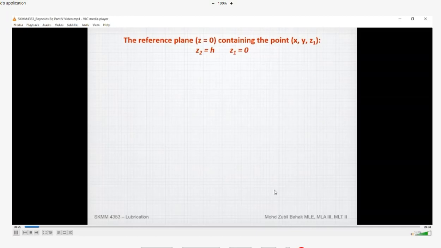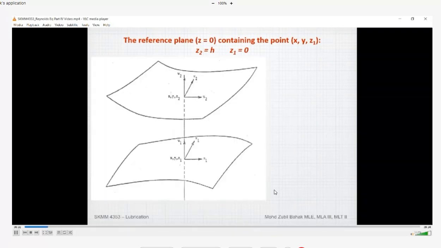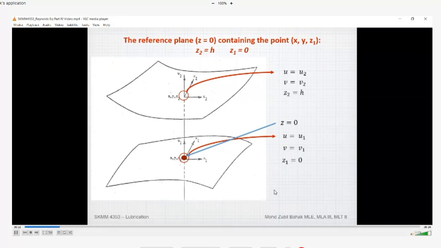In the previous video, we discussed when we have the reference plane z equal to 0 containing the point x, y, and z1, where we have the boundary condition as shown here: z equal to 0 at the bottom surface, and z2 is h above point 1 at the bottom.